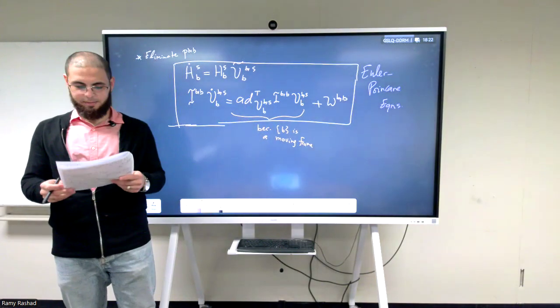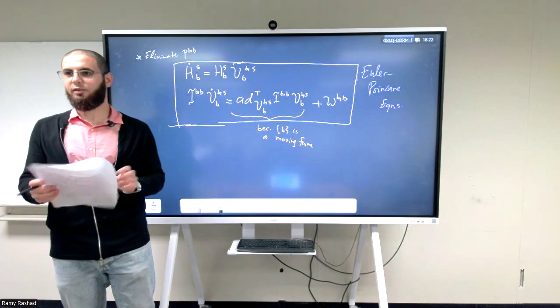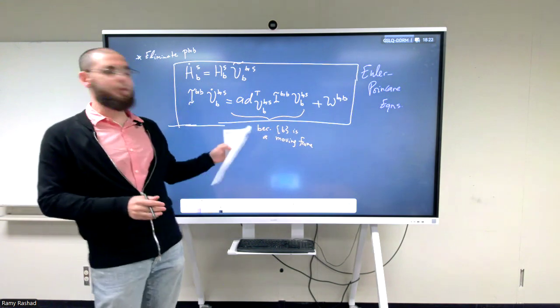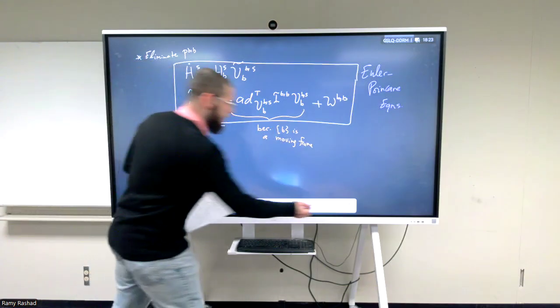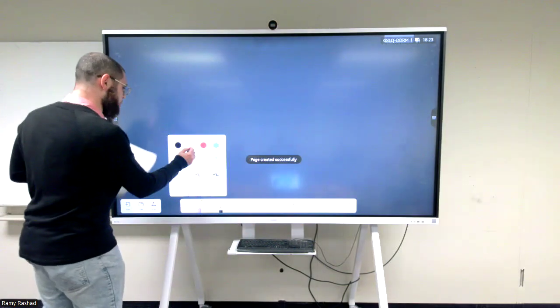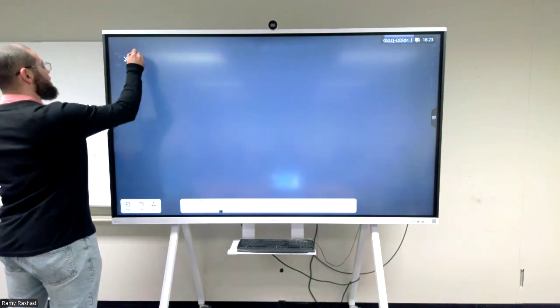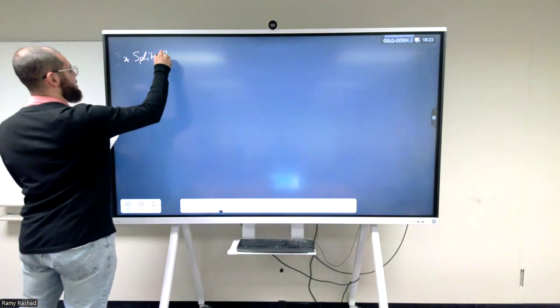Excellent remark. Yes, absolutely. We'll see that right now. We're going to be doing a simplification of this equation, again some massaging. What we're going to do right now is split the rotation and the translation.